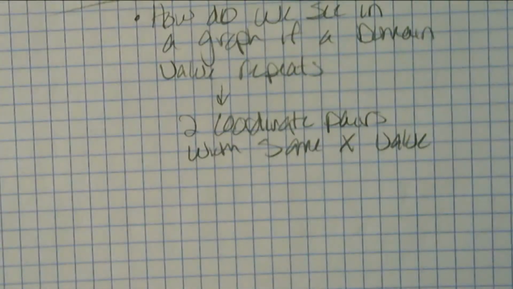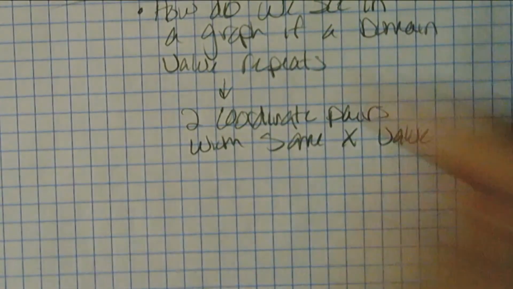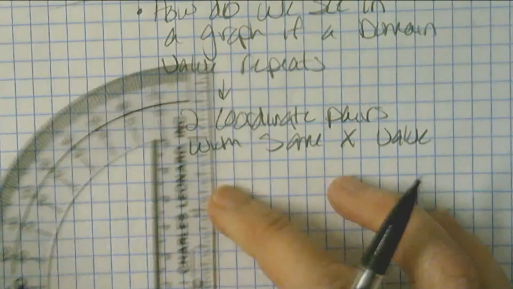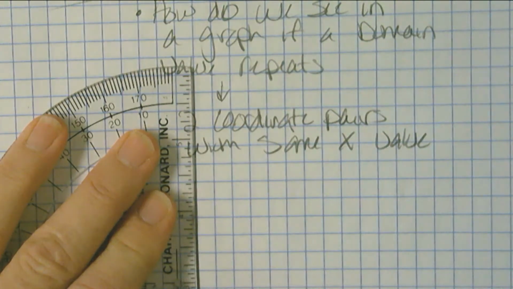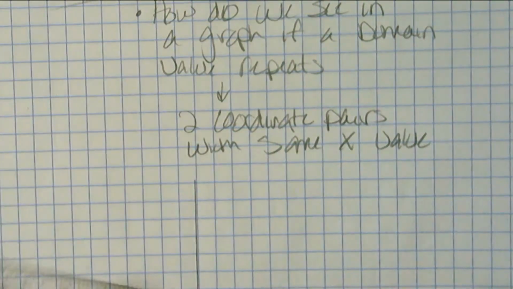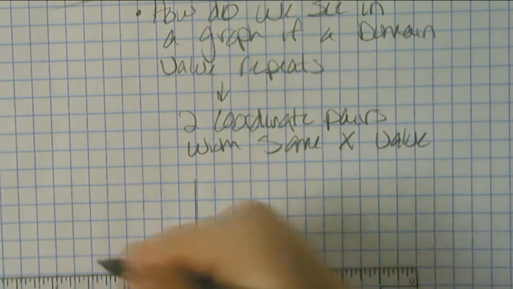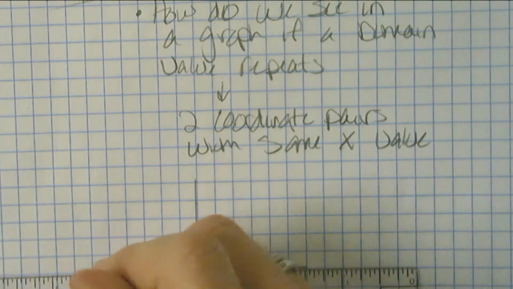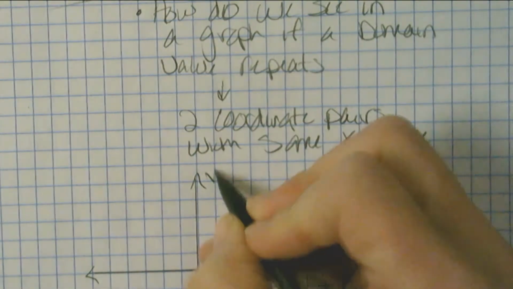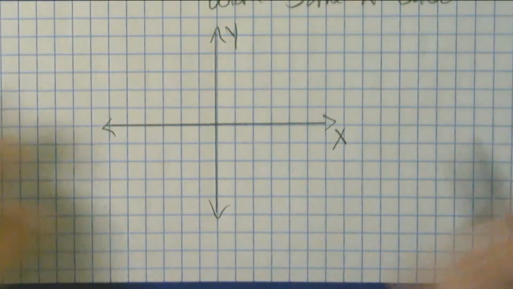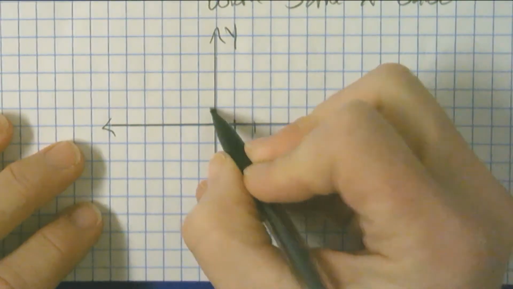All right, I know we're going to run out of time here, but I want you guys to do this graph. I want you to graph the same points that I'm graphing.